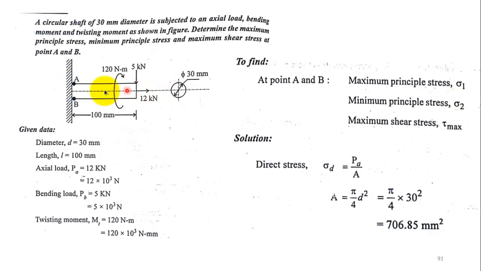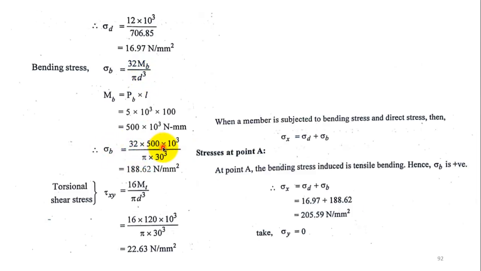This bending stress has to be added with the axial stress to find the normal stress at the point A, and at point B you have to subtract this bending stress caused due to the bending load. Here sigma x, that is the normal stress caused at that point, is equal to the direct stress with bending. These two have to be added.